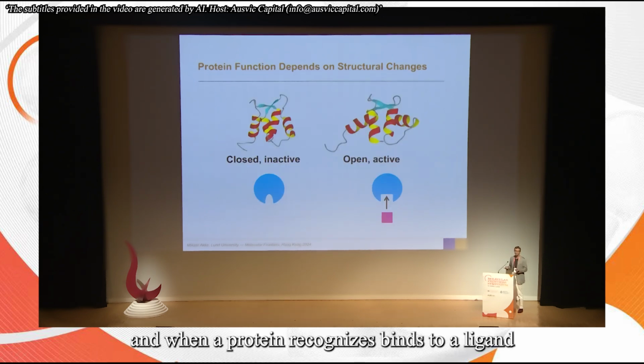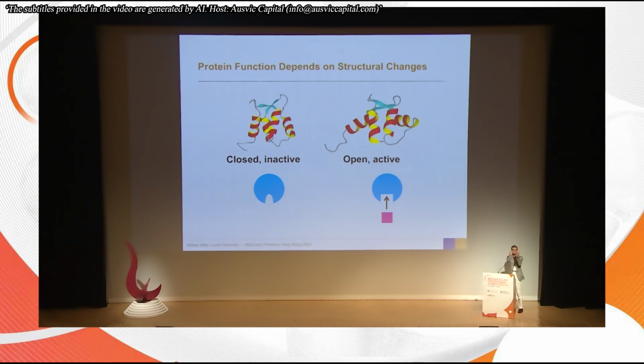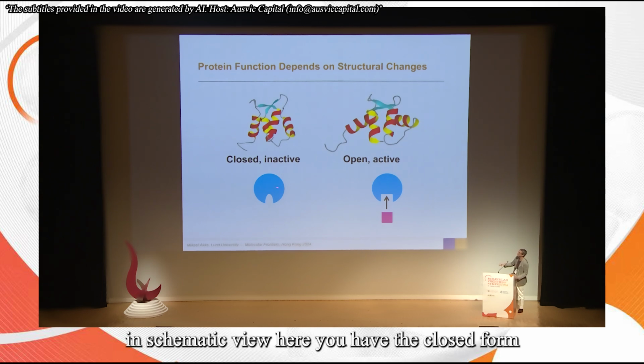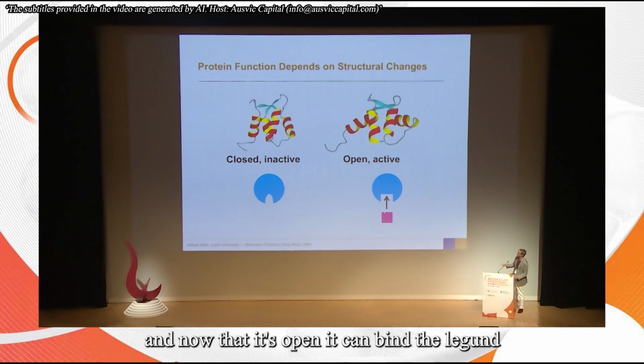When a protein recognizes and binds a ligand, it usually has to change its shape. What you see here, for example, is a 4-helix bundle protein, helices in red and yellow, and a short beta sheet up here. That's kind of closed. Then the protein can take on another shape where the helices move out, and underneath it presents a surface. In schematic view, here you have the closed form, the open form, and now that it's open, it can bind the ligand.